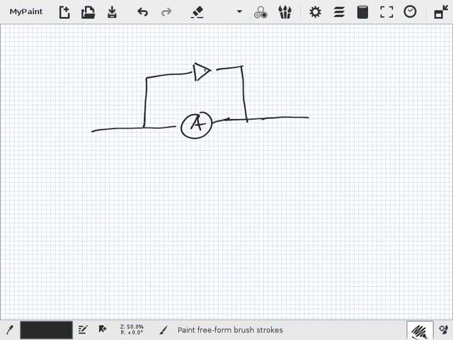And what's special about the diode, if you remember, we talked about this, is the resistance. As the voltage gets bigger, the resistance decreases. That's how the graph looks.